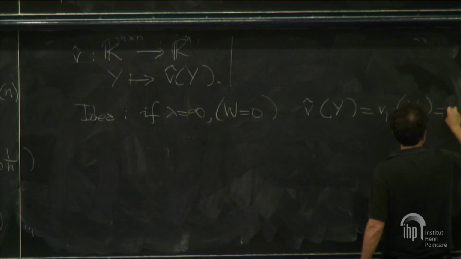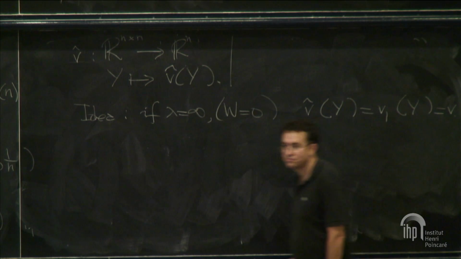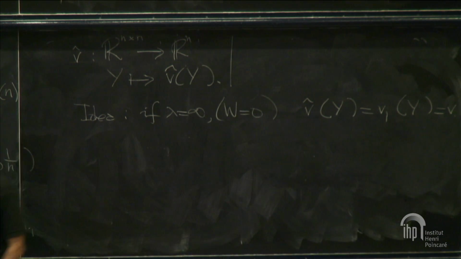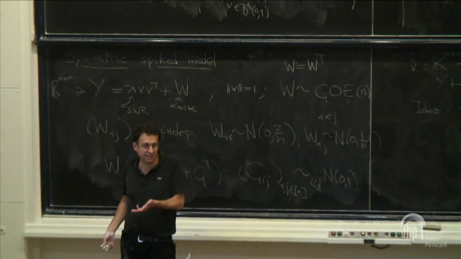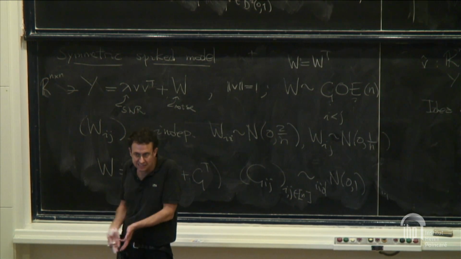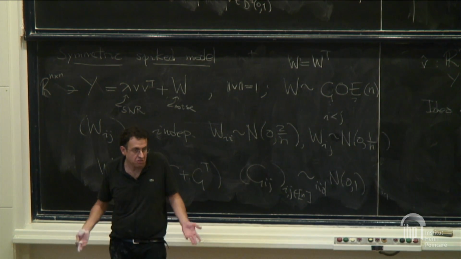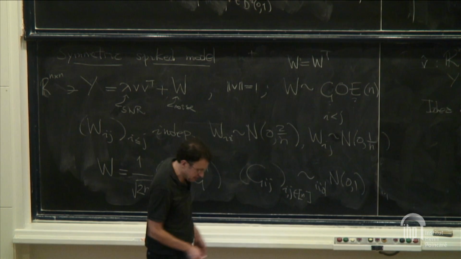Why? Because this gives exactly V. If there was no noise, this would be just a rank 1 matrix. So if you take just the first eigenvector of this rank 1 matrix, this will be exactly V. So you are done.